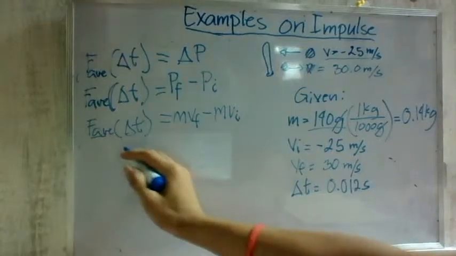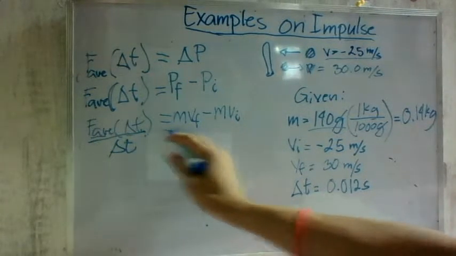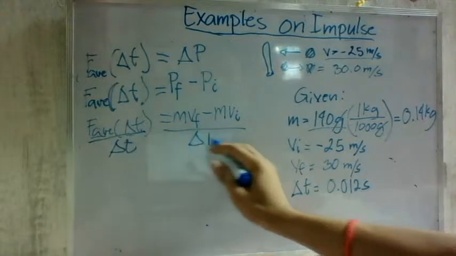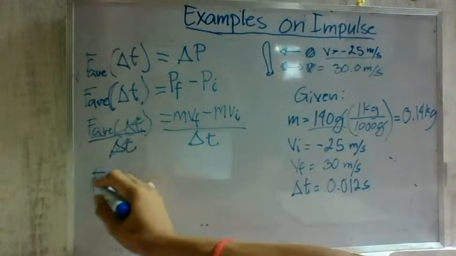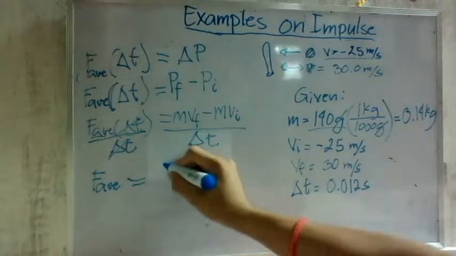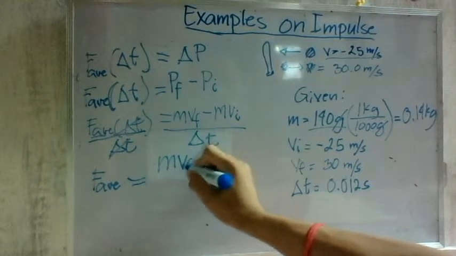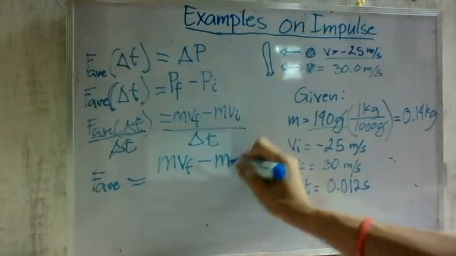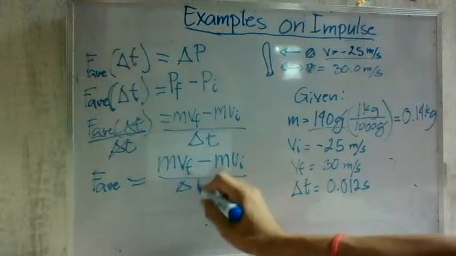So divide natong both sides sa change in time. So cancel ang change in time dire. Atong formula sa average force is equal to mass times velocity final minus mass times velocity initial over the change in time.